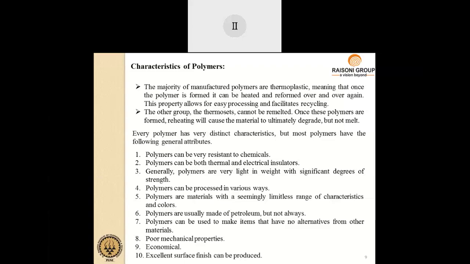That's why it is written that polymers can be used to make items that have no alternatives from other materials. But along with the advantages of polymers, there are also disadvantages. They have very poor mechanical properties. Their mechanical properties are very poor.